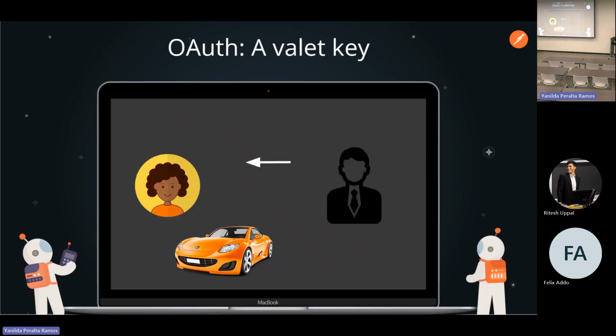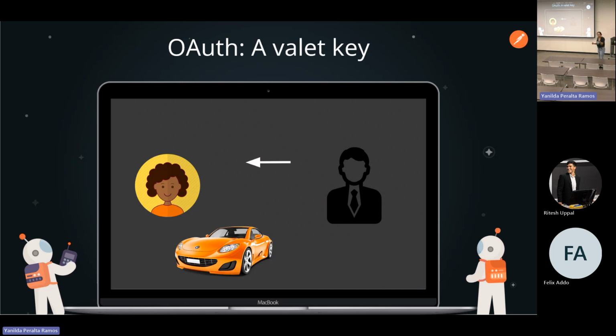So imagine OAuth to be like a valet key. Have you ever heard about valet keys? If you have a luxury car, let's say a Lamborghini, I want my Lamborghini one day. So if one of those luxury cars has a valet key, okay?